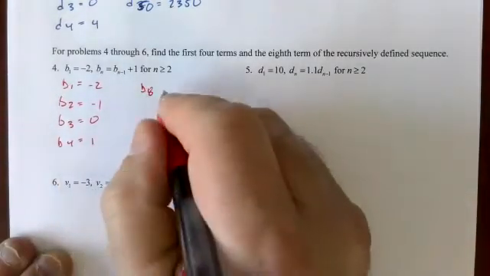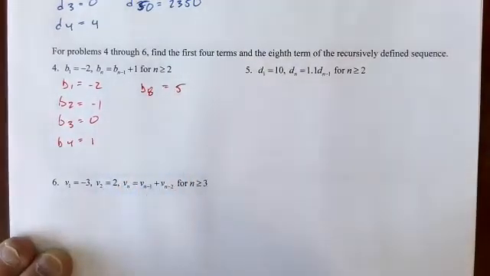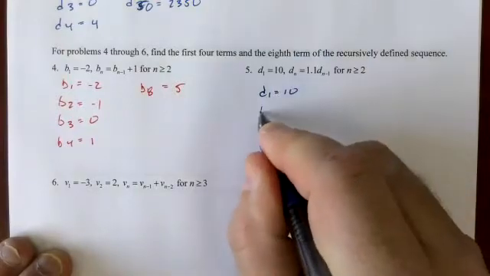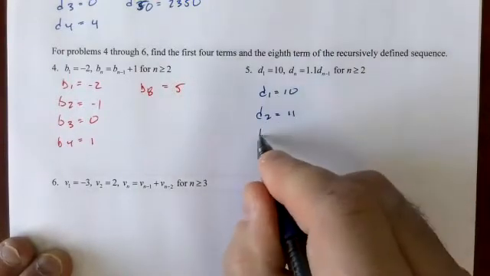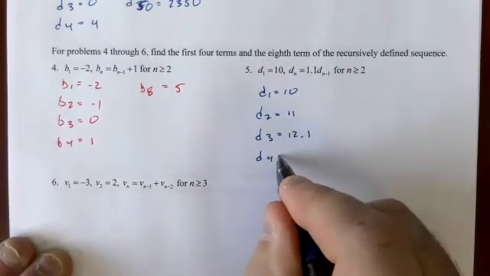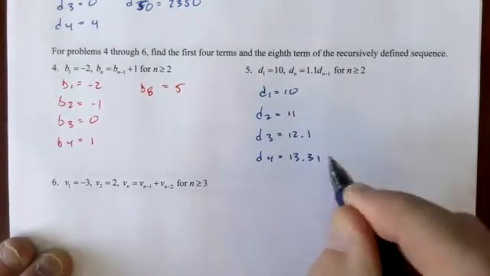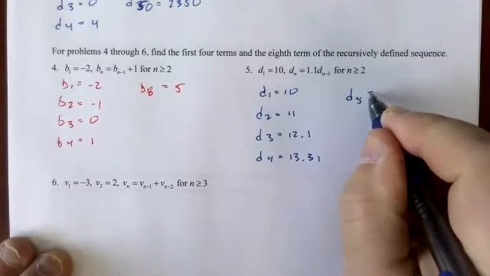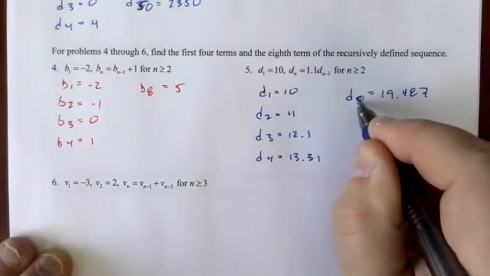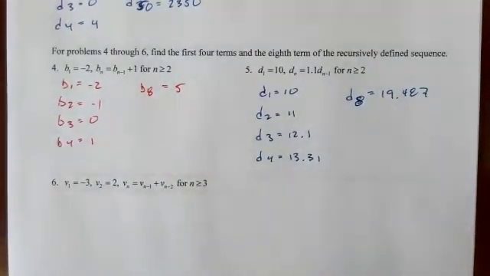B8, add them up, you should get 5. D1 equals 10. D2 equals 11. D3 equals 12.1. D4 equals 13.31. D5 equals 19.487. That's D8. Not D5. Sorry. Just plug them in, see where it takes you.